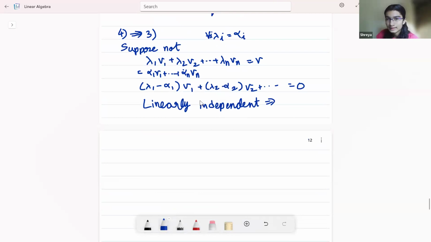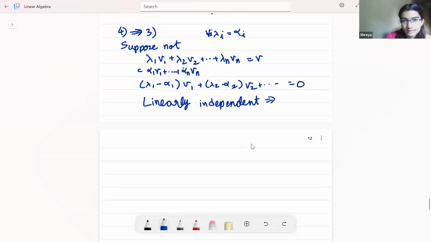So we know that it's linearly independent. If the linear combination of some things is equal to 0, then all of those coefficients have to be equal to 0. Oh, right. So lambda i minus alpha i equals 0, and you can add alpha i to both sides. Okay, nice.